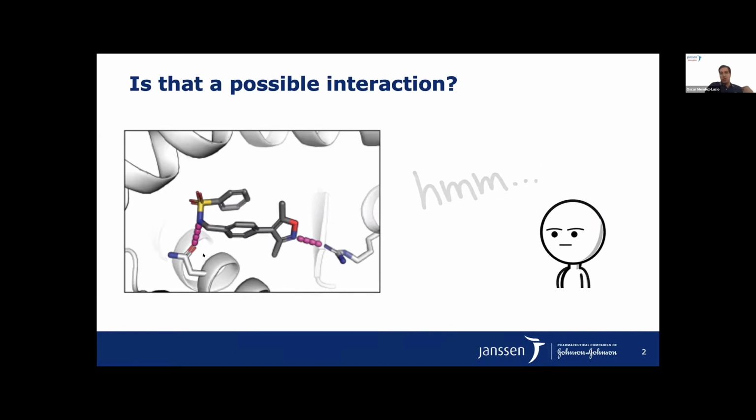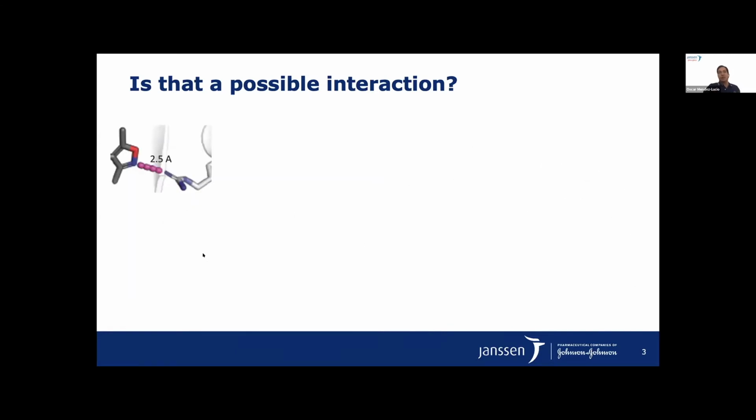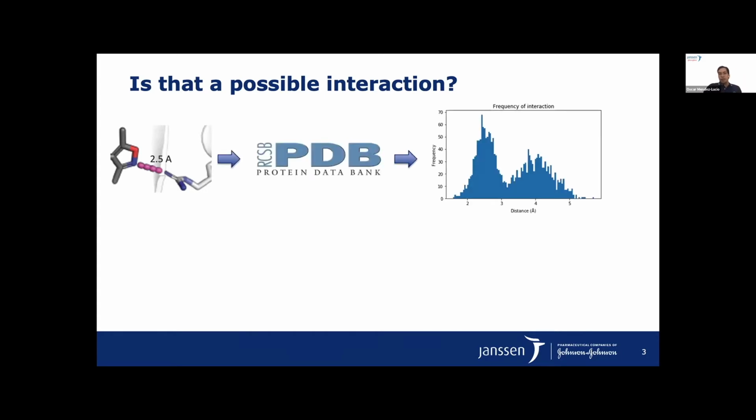So usually what they do is they just go to the basics. They take this fragment, take the amino acid or the part of the binding site, and go to the PDB and see how many times this interaction is there. So how frequent is this interaction? In this example, which is just an example, not real data, you can see that this interaction at 2.5 angstrom seems to be quite frequent, right?